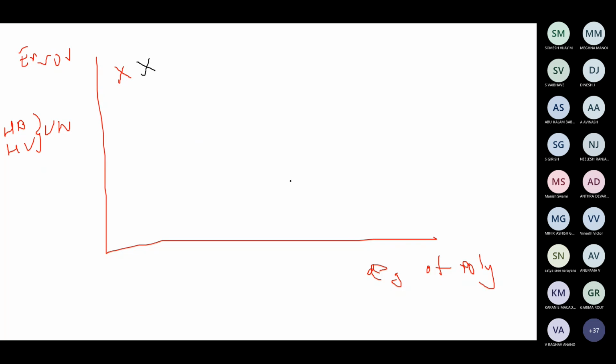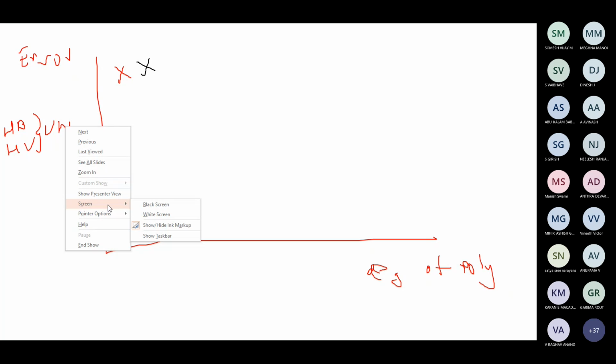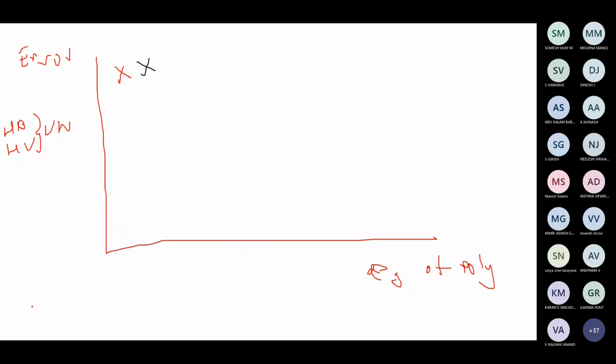Okay. Now for overfitting, it is low bias and high variance. Yes or no, students? So it is low bias. Low bias means something over here.